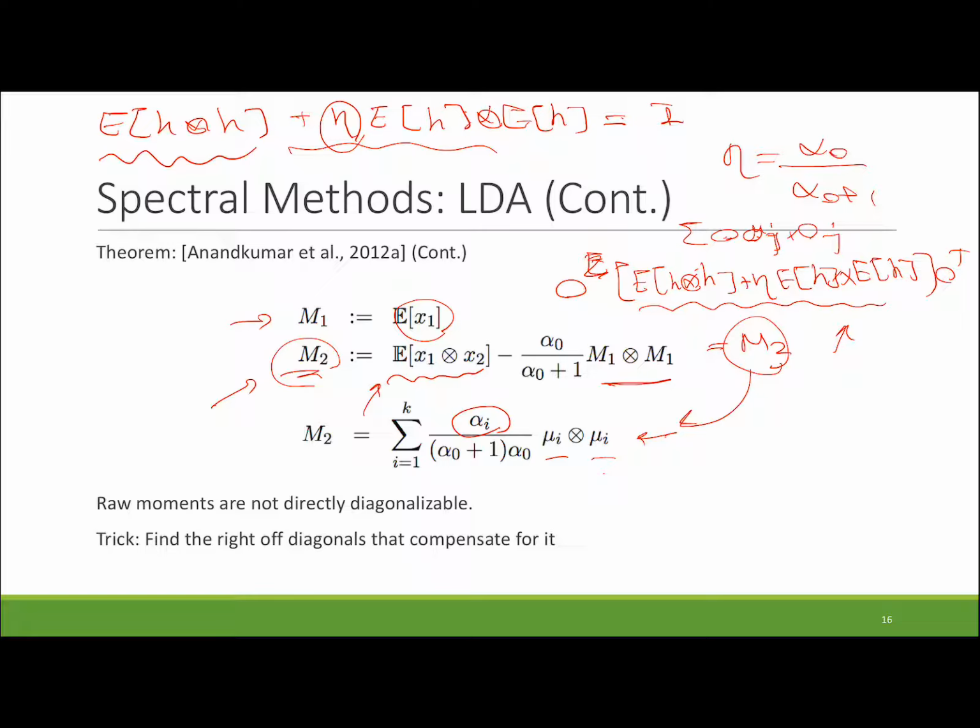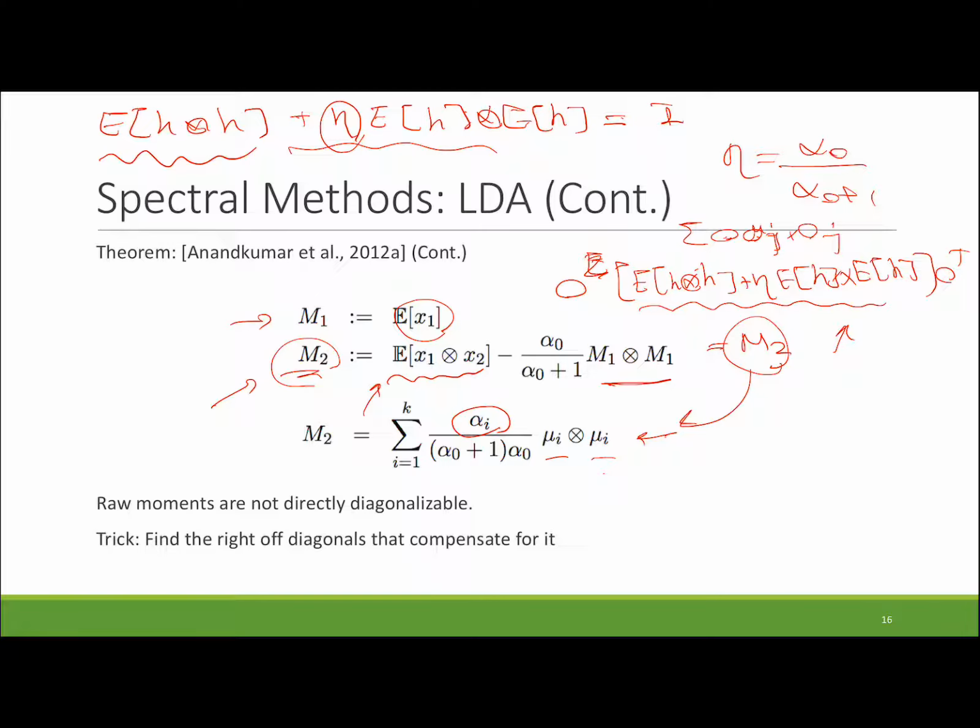So if I change the Dirichlet distribution to another distribution, the M2 that you have to come up with is different. But the nice thing about this is that you can empirically estimate M2. You can go over all of the pairwise words and compute the expectation of that to get M1.